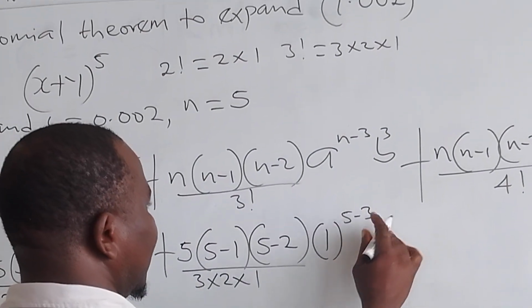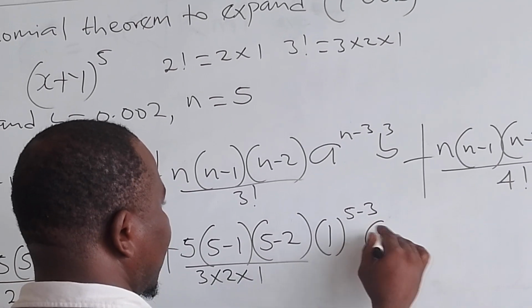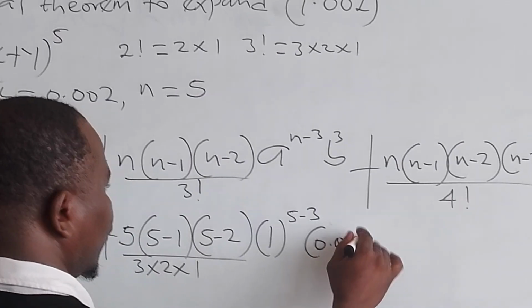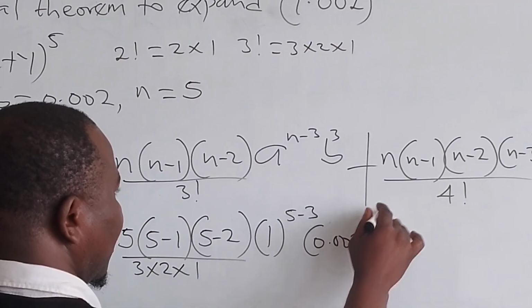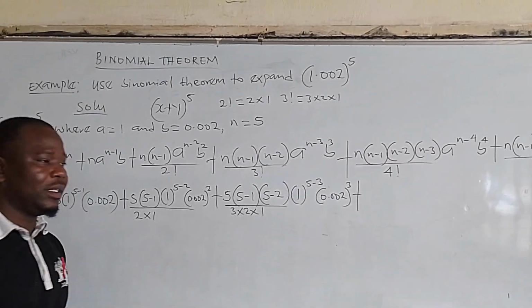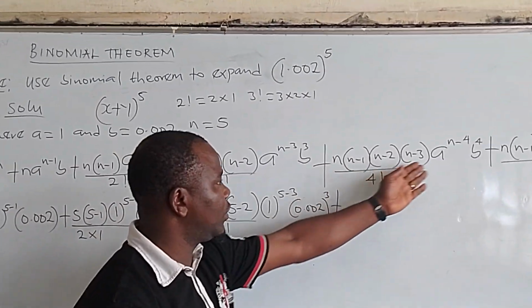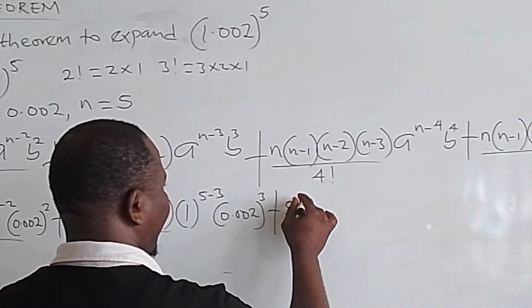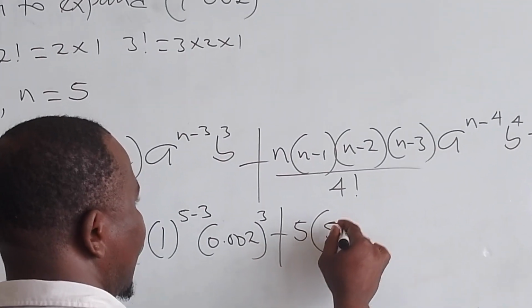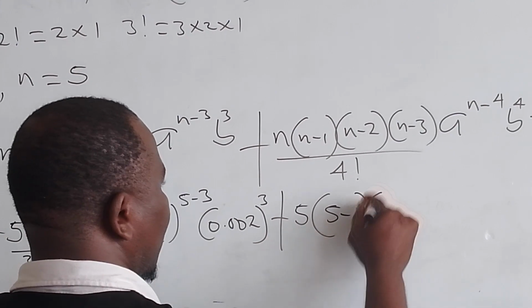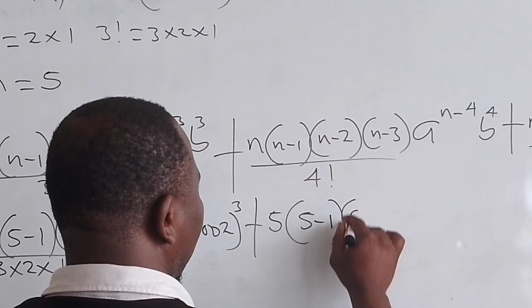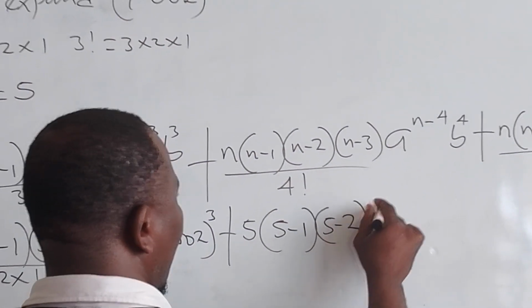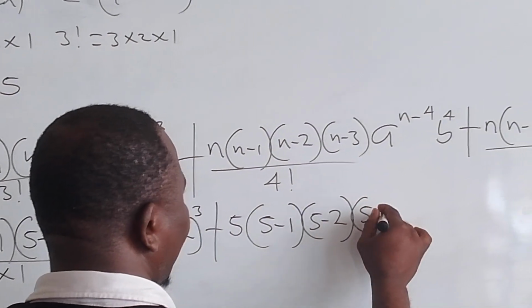And b is 0.002 raised to the power of 3. Plus, we look at this one, plus n is 5, all in bracket 5 minus 1, all in bracket 5 minus 2, all in bracket 5 minus 3.